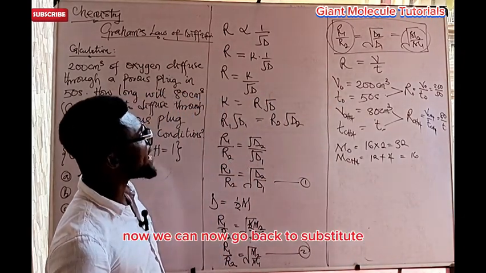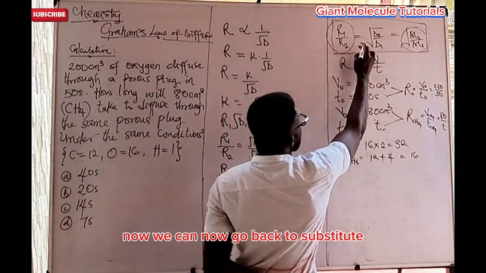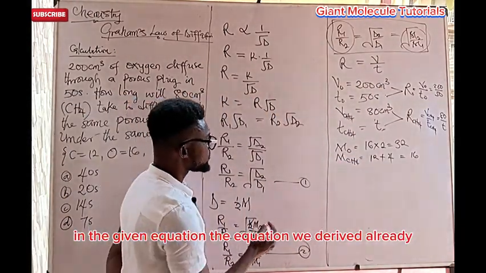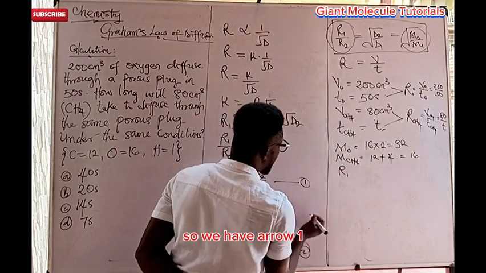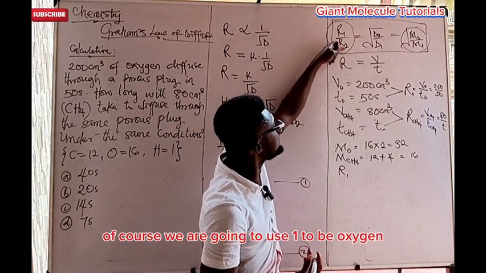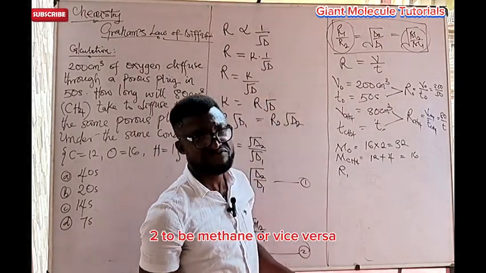Now we can go back and substitute in the equation we derived already. So we have R1. Of course, we are going to use 1 to be oxygen and 2 to be methane, or vice versa.